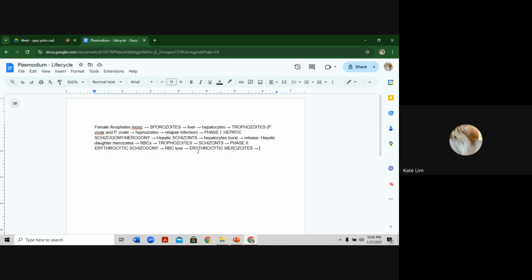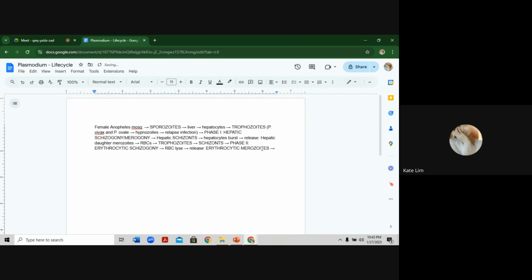So again, balik-balik. Say for example, when your schizonts right here would burst, diba, the RBC would lyse, it would actually release your erythrocytic merozoites. So every time your RBC would lyse, erythrocytic merozoites would be released.